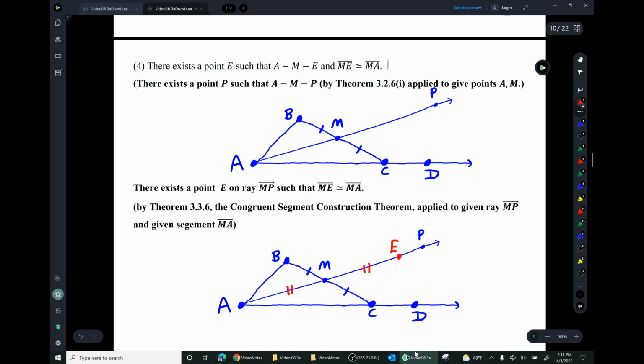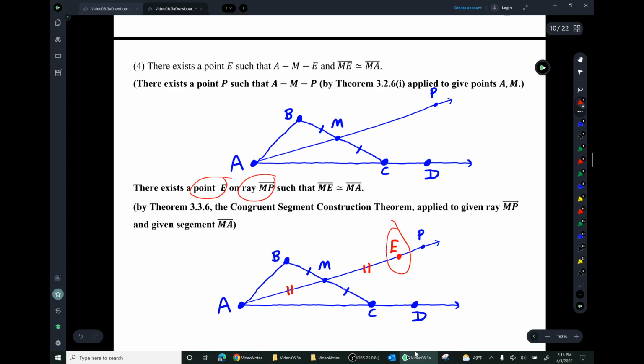First thing we have to do is state that there exists a point P that makes this true: M is between A and P. That's using that earlier theorem about the existence of points with certain betweenness relationships. And then we can say that there exists a point E on ray MP.